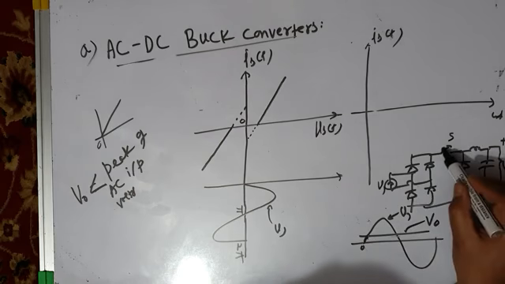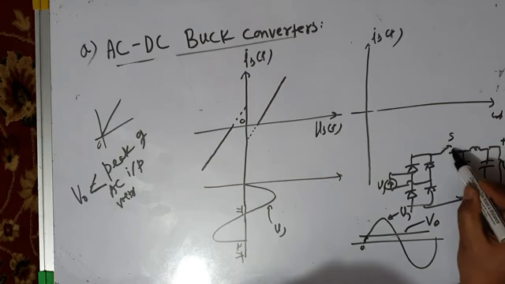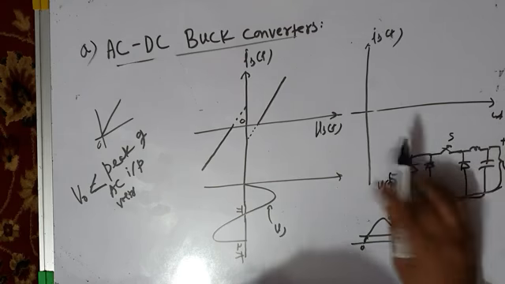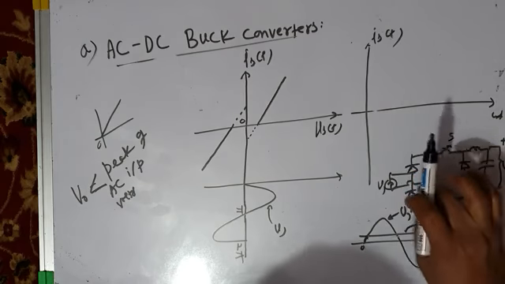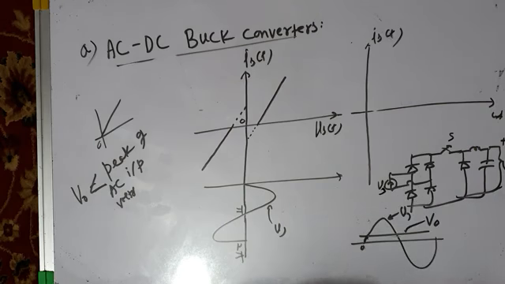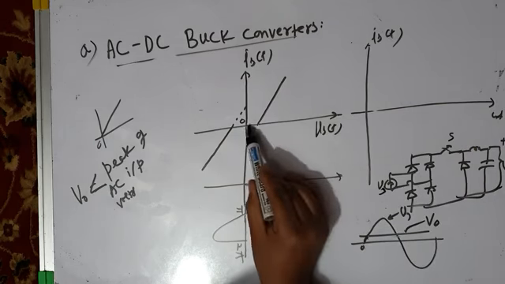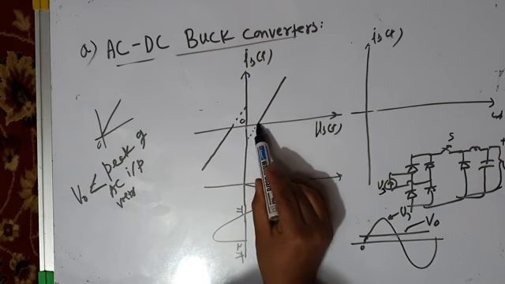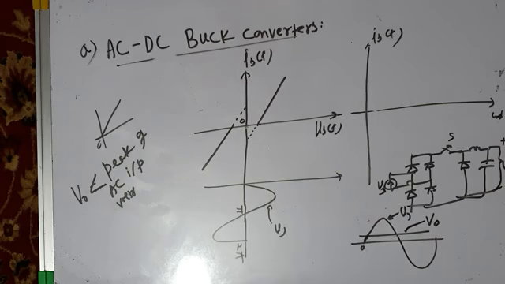So even if you are issuing a control pulse to the IGBT and it closes, it will not draw any current from the source, because the instantaneous value of the source voltage is less than output voltage. So from here to here, your converter does not draw any current from the source in the positive half cycle as well as in the negative half cycle.